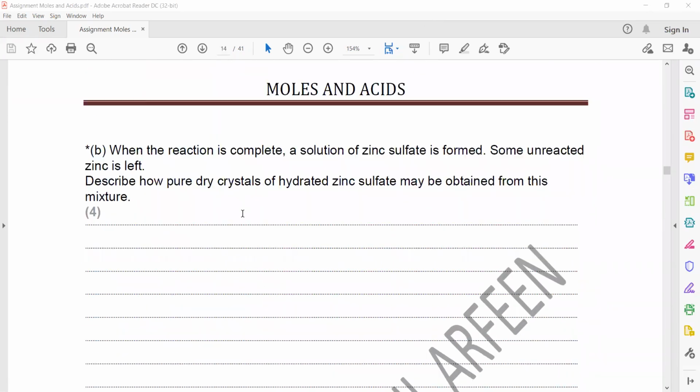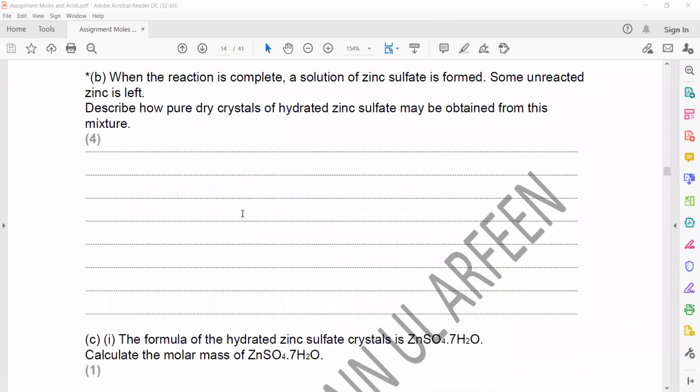Next question. When the reaction is complete, the zinc sulfate solution is formed. Some unreacted zinc is left. Describe how pure dry crystals of hydrated zinc sulfate may be obtained. So how can we obtain the pure and dry crystals of hydrated zinc sulfate?